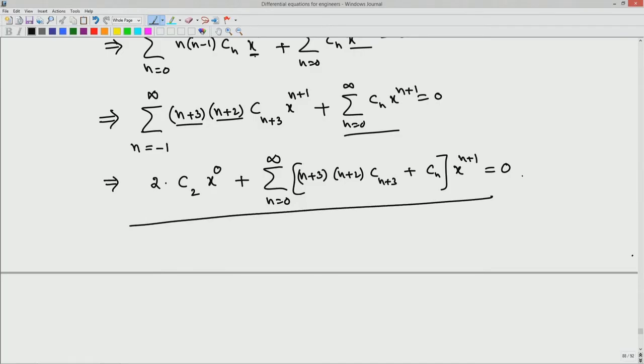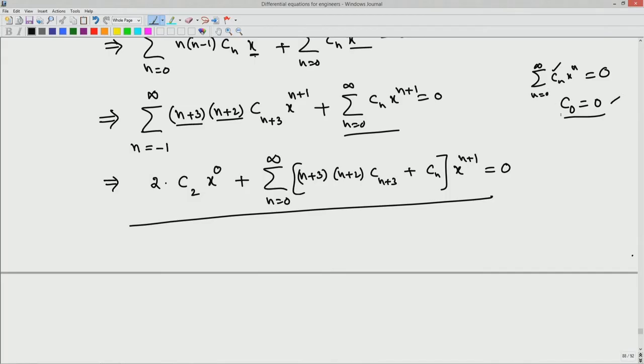Now, this is true. You see when the power series sum c n x power n, n from 0 to infinity is 0, how do I calculate the values of c n? Okay. You differentiate. So, you put x equal to 0. If you put x equal to 0, c 0 is 0, okay.